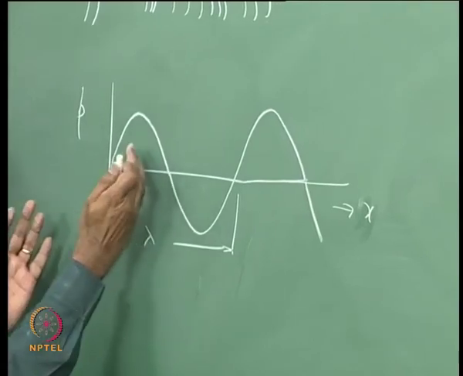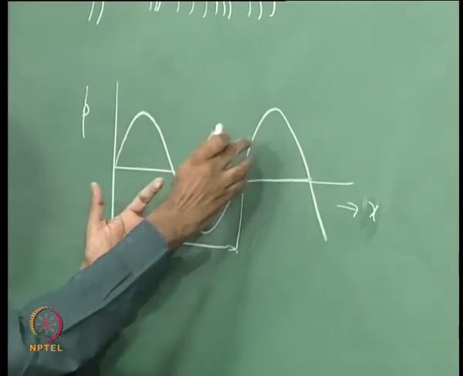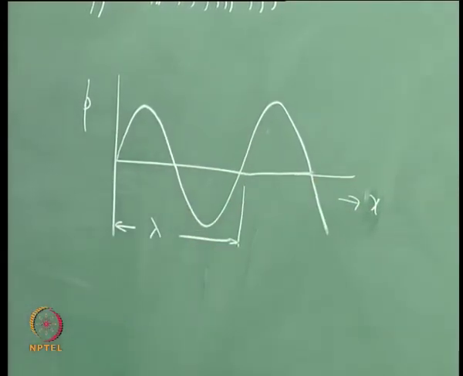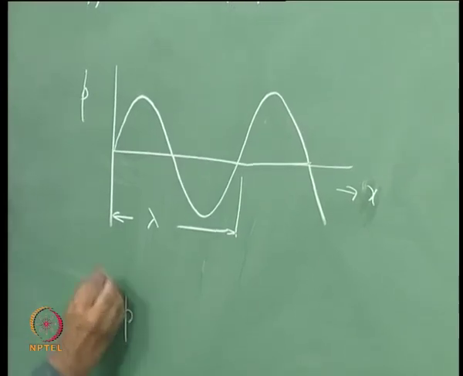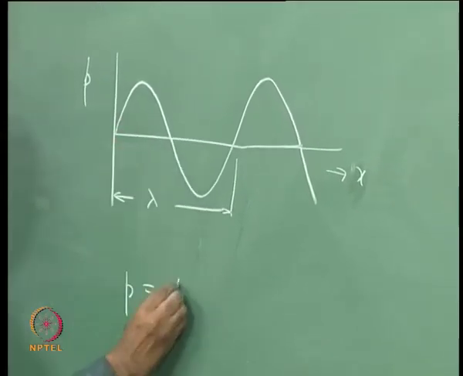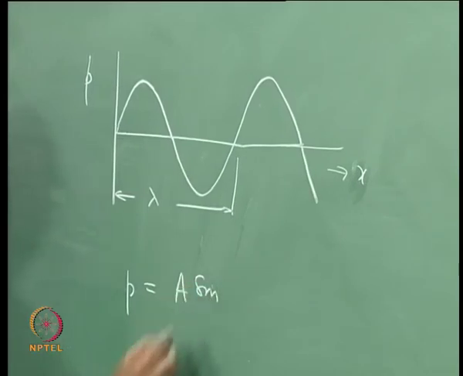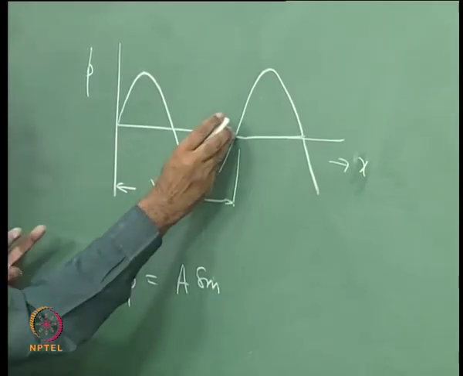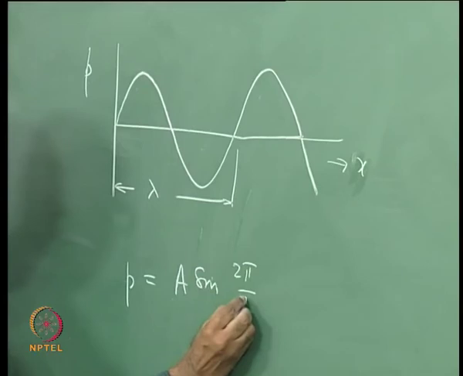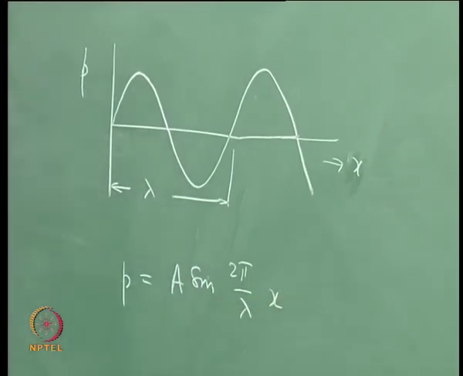As distance moves, my compression and rarefaction travel, and therefore I can write this as P equal to maybe some amplitude A sine of 2 pi by lambda into x.